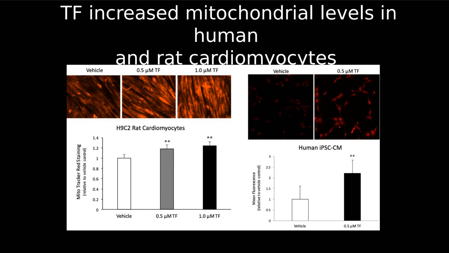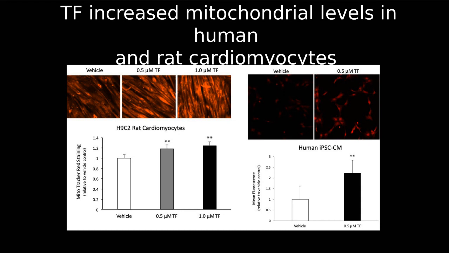That is, with 0.5 and 1 micromolar TF treatment during cellular differentiation of rat cardiomyocytes, the MitoTracker Red dye stains active mitochondria. As you can see, the density, the number of mitochondria, is increasing significantly with the addition of 0.5 or 1 micromolar thiofluonide, or TF.